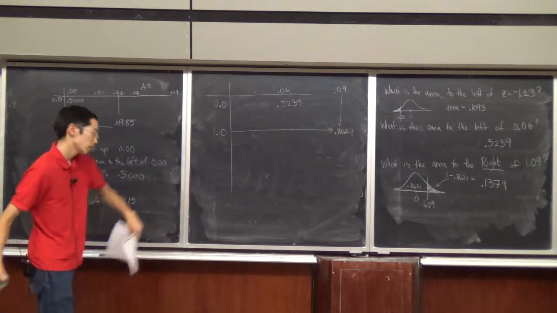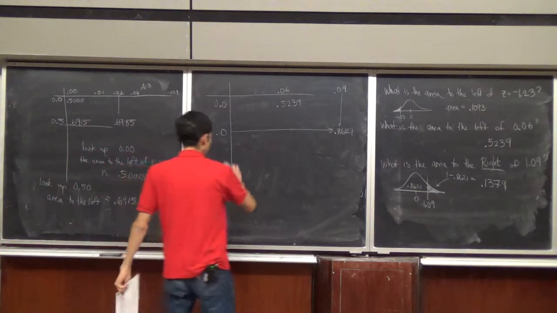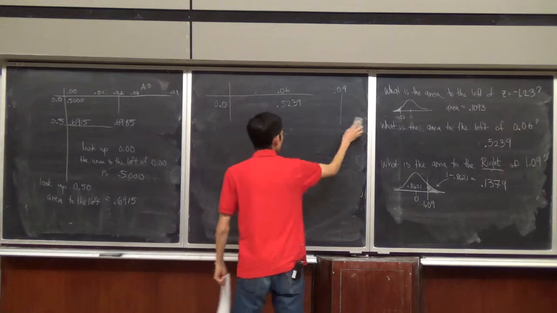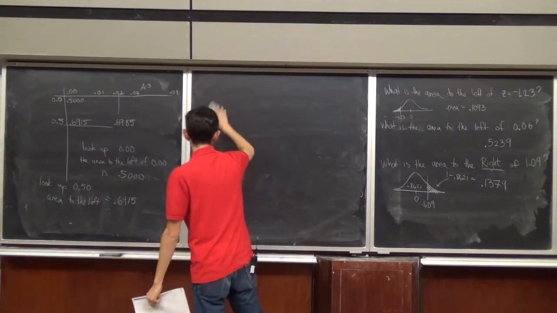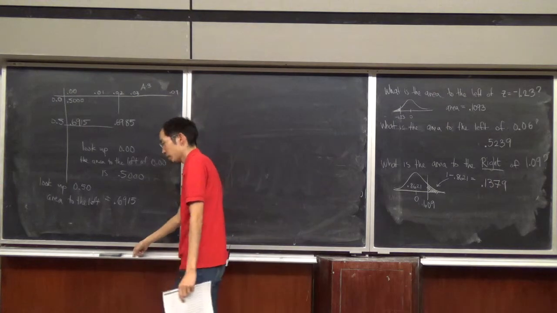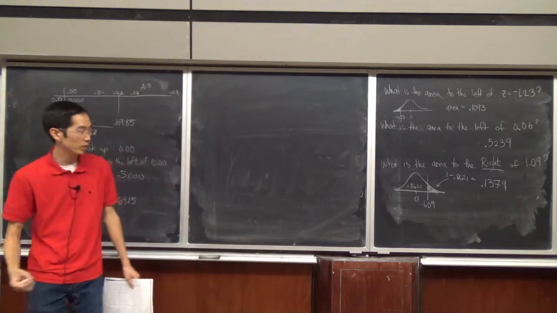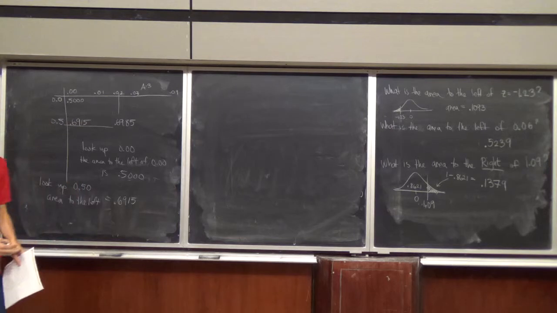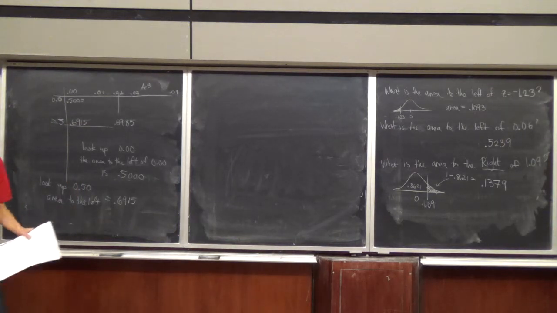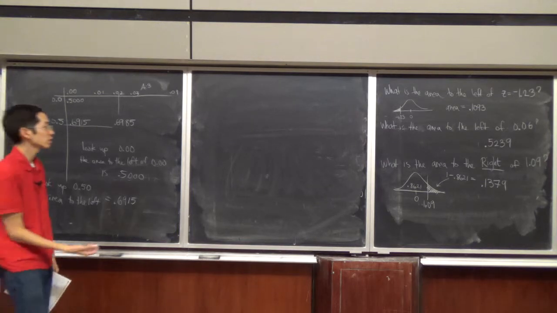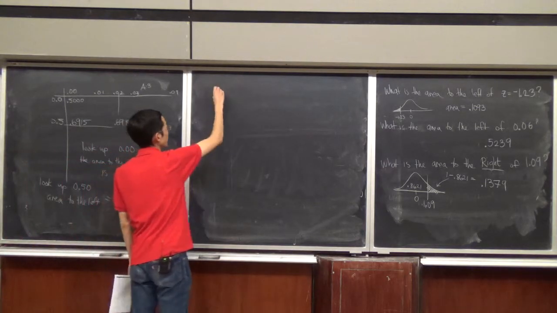Okay, so we can change this up, and I can ask something like, what is the z-score that's associated with, maybe, the 40th percentile? So let me just talk about percentiles for a second.